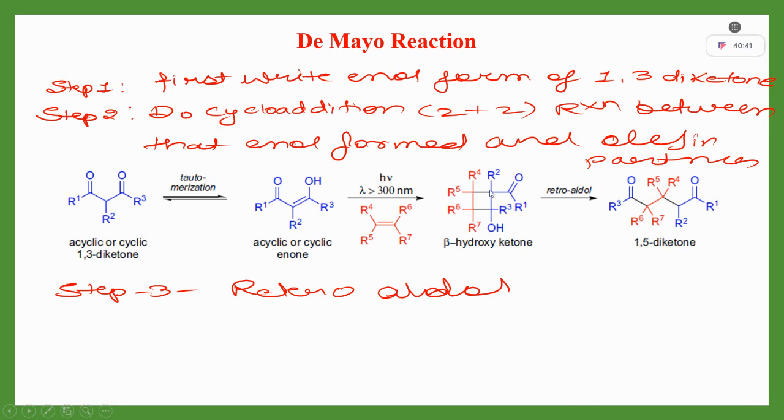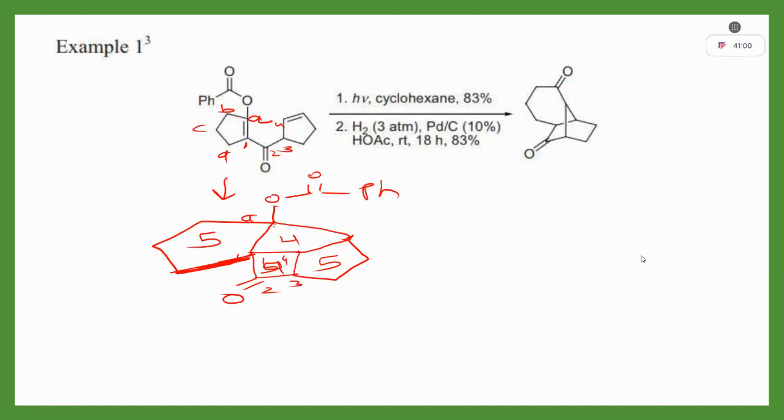See, this is your alpha, beta-hydroxy ketone which will undergo retro-aldol, resulting in the formation of this 1,5-diketone. Understood, Prashant? Okay, so our first example on the De Mayo reaction was this.